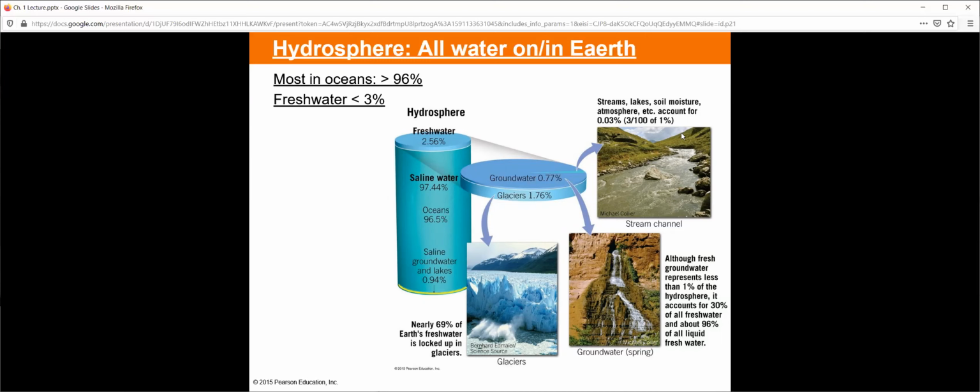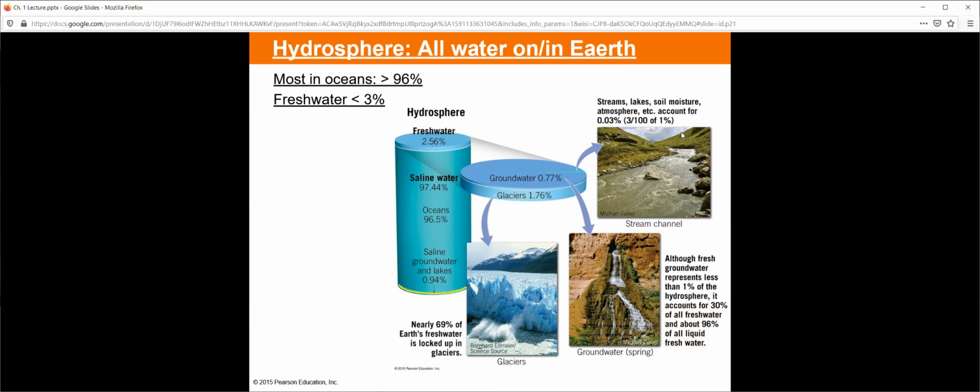And the majority of that liquid fresh water is groundwater. This is the stuff that we pump out of the ground. Your faucet, probably 9 times out of 10, 99 times out of 100, the water that you turn on from your faucet is pumped out of the ground as groundwater. The fresh water rivers, lakes, and streams that we see, that we deal with on a daily basis, make up 0.003% of water on this planet. 3/100ths of 1%.